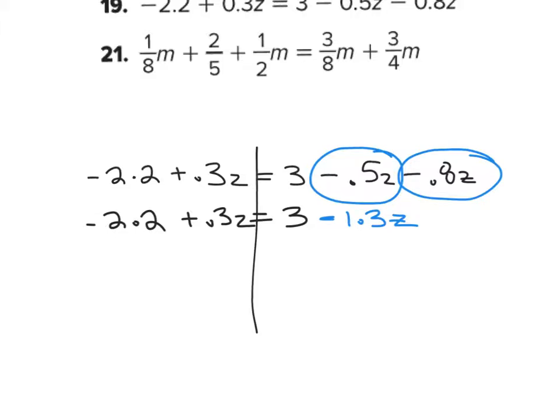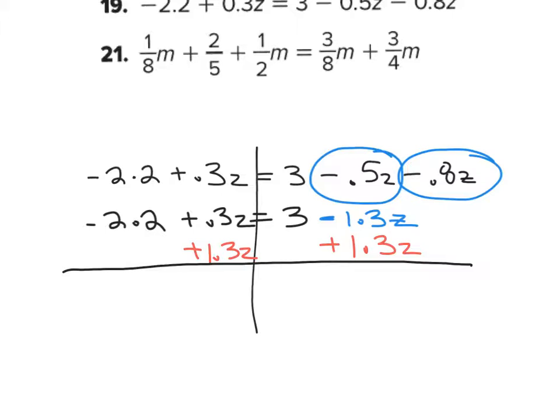And the opposite of a negative is a positive, so I'm going to add 1.3z to each side. Again, I rewrite the problem after I've combined my like terms. So I've got negative 2.2 plus 1.6z, and on the right side I'm just left with a positive 3.